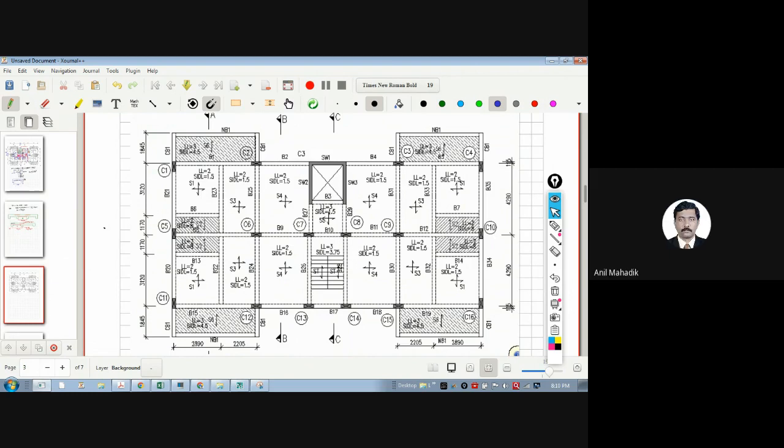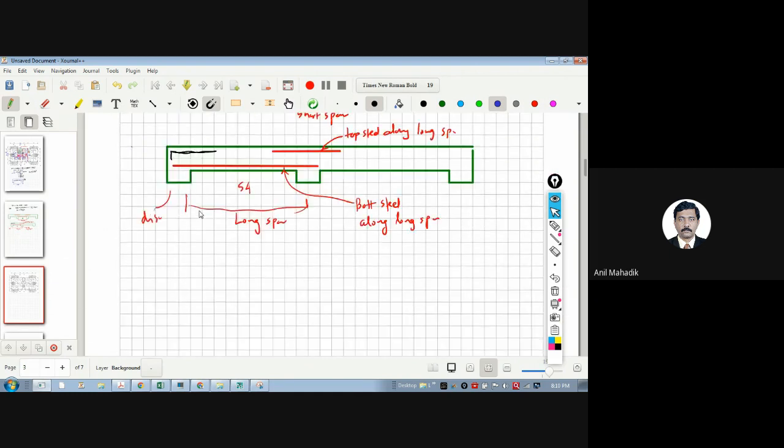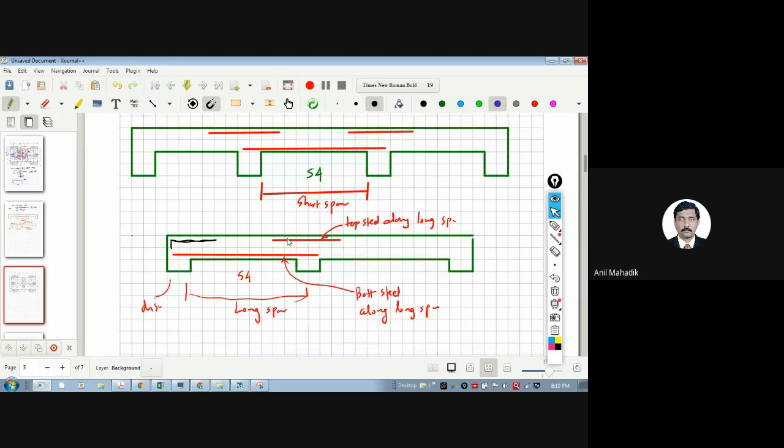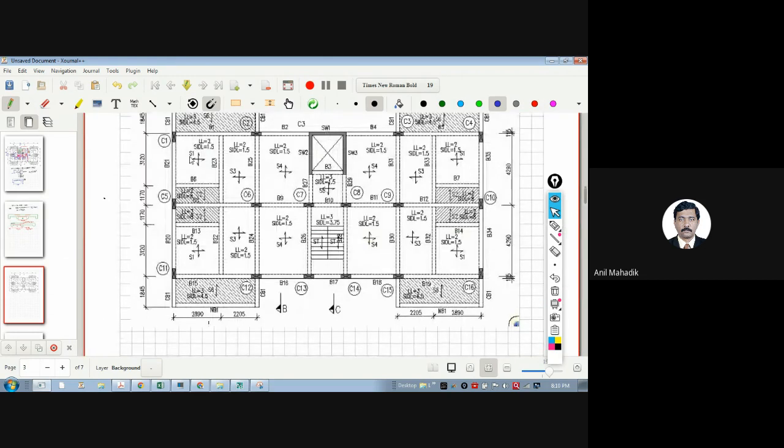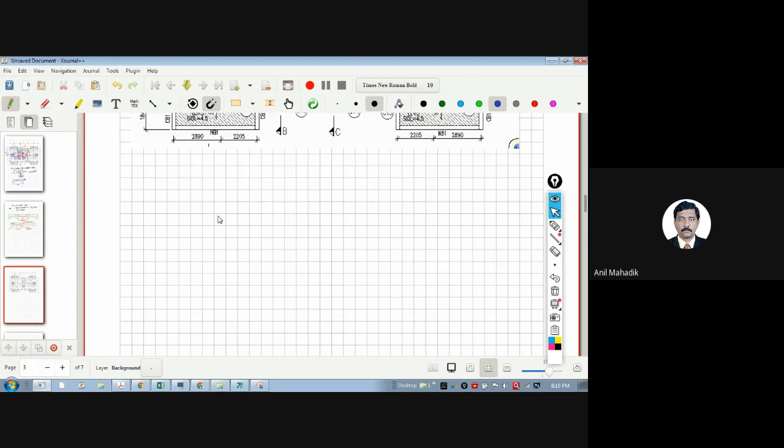Yes. So this is a very important criterion. Whenever I say continuous, the slab should be in one line. There should not be any difference in the levels. Top level of the slab should match. So here you can see, in this case, if you draw the section like this, which is passing through S1 and S2. So S2 is a sunken slab.